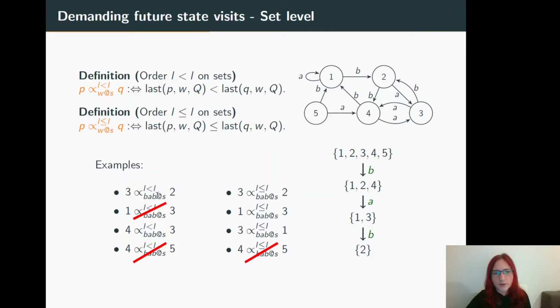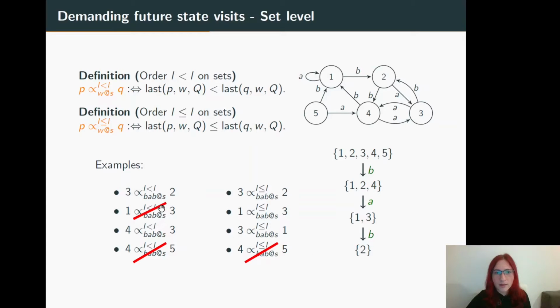So for instance, for both variants, strictly smaller and smaller or equal, we have that the state 3 is related to the state 2, meaning that the last occurrence of the state 3 is smaller than the last occurrence of the state 2, because 2 is also appearing in the last position 3, but the state 3 disappeared one step earlier, and hence the last position of 3 is smaller than the last position of 2.